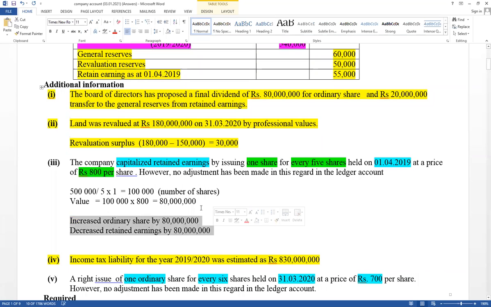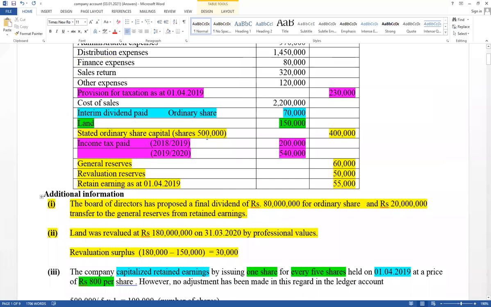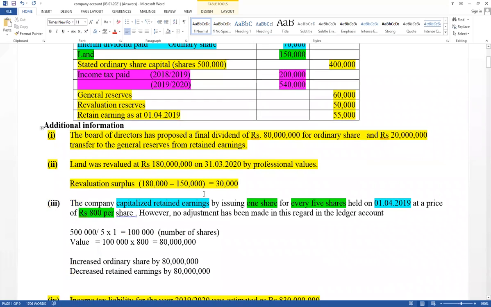This is very important. First thing, how to calculate number of shares. Trial balance has given number of shares already issued. It equals 500,000. And company is going to issue again one share for every 5 shares. Think about number of shares issued as reserves capitalization.